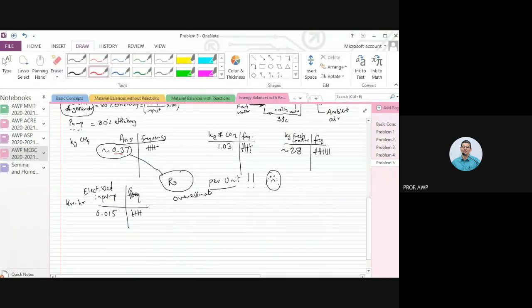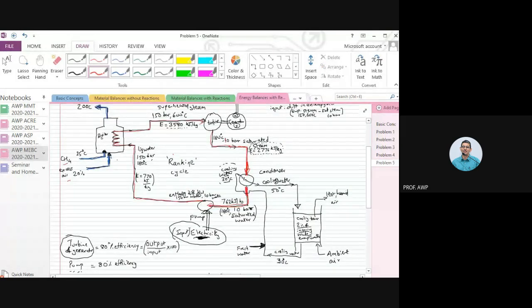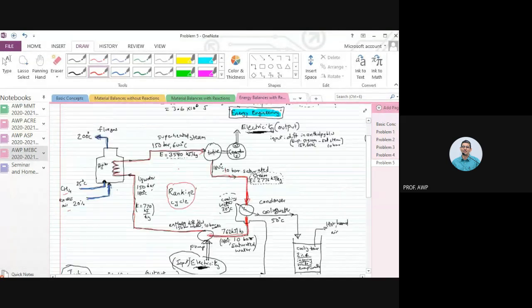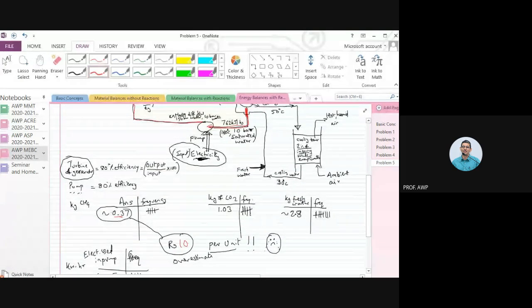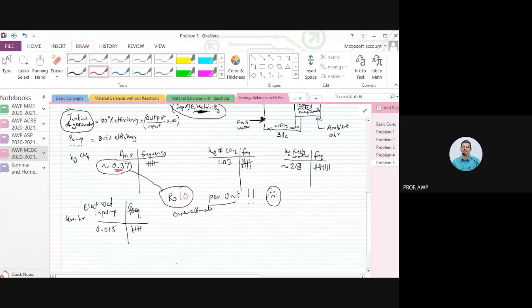So obviously the cost that we have got is an overestimate because this is a very simplistic Rankine cycle that we have taken. In your energy engineering course, you will see many more such cycles which are better and more efficient than this Rankine cycle, so that the amount of fuel used is less, and therefore the government is not doing such a good job at selling us at 8 rupees.